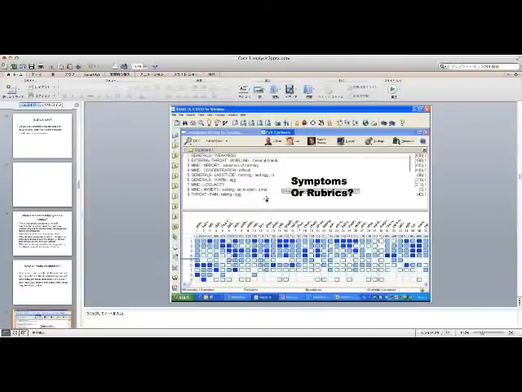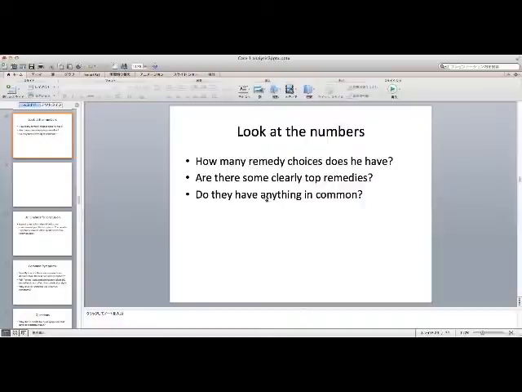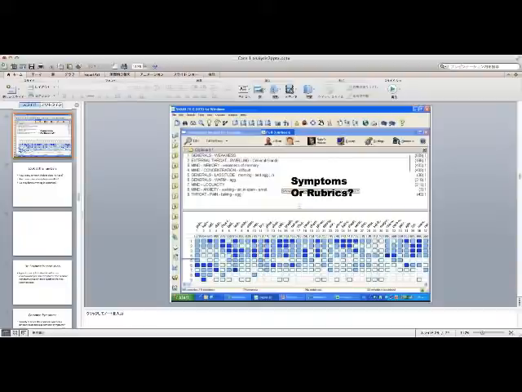I have to ask Nader about this. I'm not quite sure. Now, I've already pointed out, you want to look at the number of remedies in each choice and look at the whole list, and are there some clearly top remedies? And do those rubrics have anything in common?